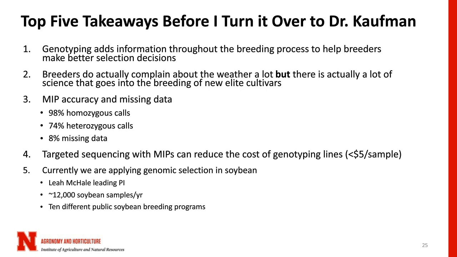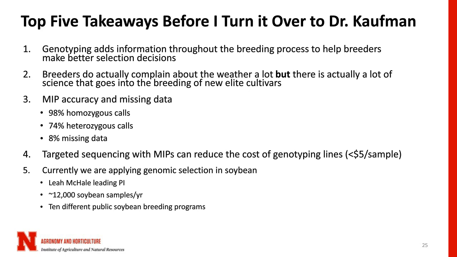So before my breeder friends never talk to me again, they do a lot of science in developing new cultivars. MIP accuracy and missing data rate, what we found was 98% accuracy homozygous call, 74% heterozygous calls, and 8% missing data. Targeted sequencing with MIPs can reduce the cost of genotyping lines to under $5 a sample.